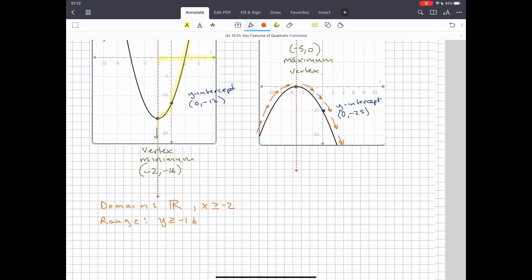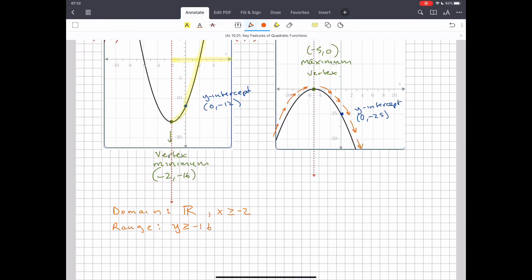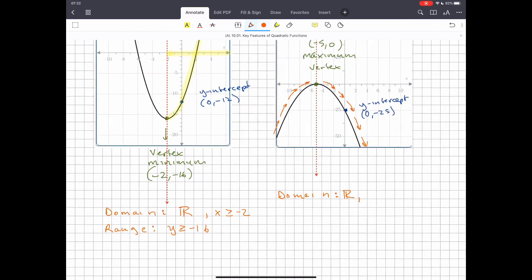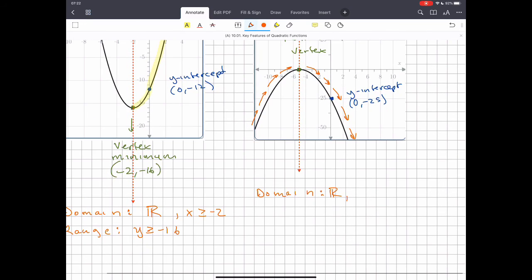We could do the same over on the graph on the right. Our domain here of the entire graph is all real numbers. But if I wanted the domain of the increasing part of the graph on this one, I'm looking at this section here, right? And that would be all of the x values to the left of -6.